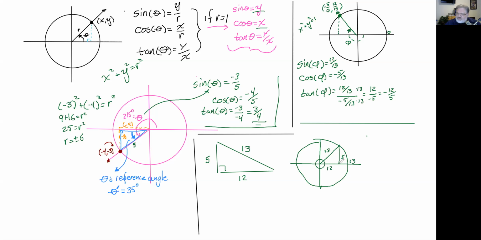And this 12 shrunk down, became 12/13. So we're just dividing out that radius to get those lengths. So it's almost like, are we doing y over r, or are we shrinking things down onto a unit circle by dividing everything by the radius and just using the y value? Either way, it's the same ratio.